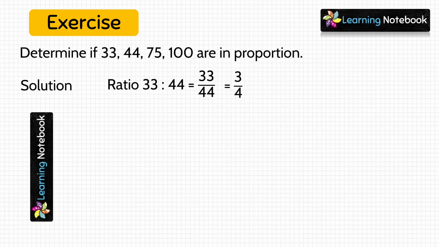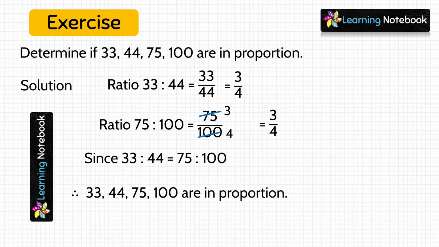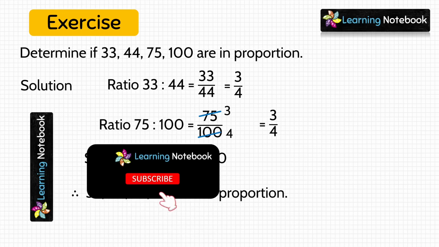Simplify it and we get 3 by 4. Now next ratio is 75 is to 100. Simplify this also and we get 3 by 4. It means both the ratios are equal. And that is why we will say that these numbers are in proportion.